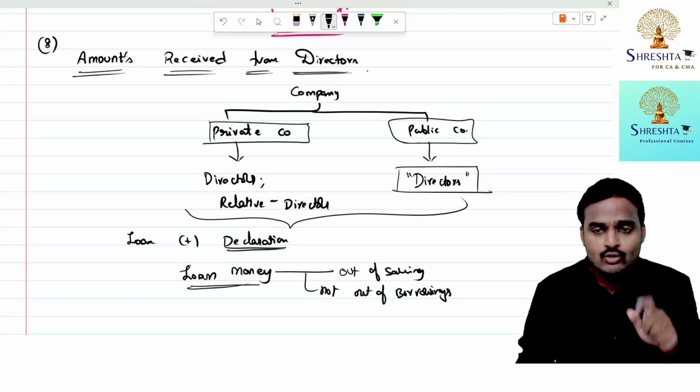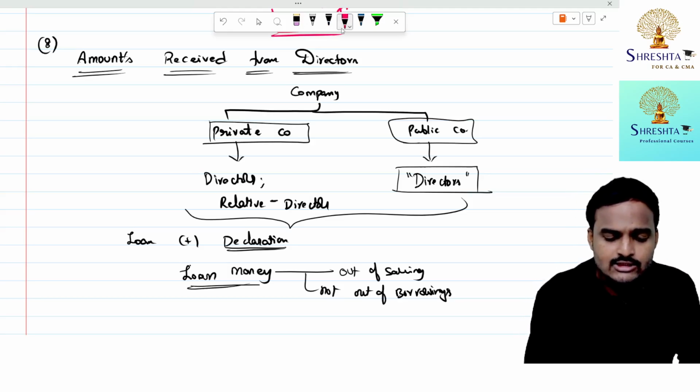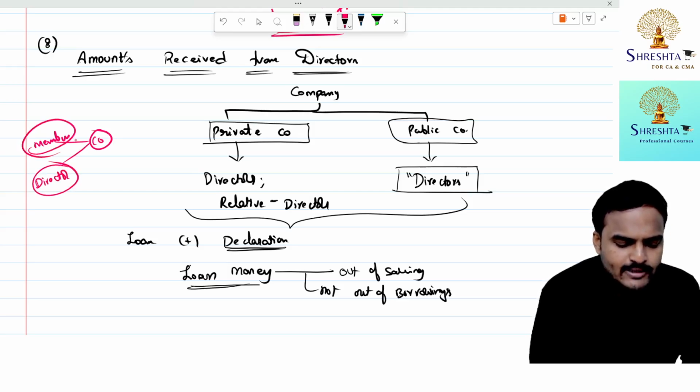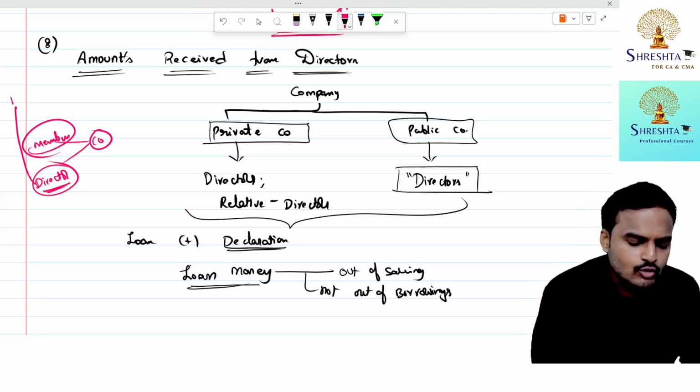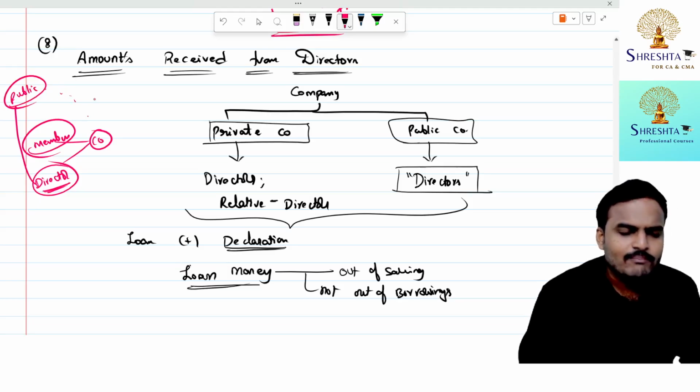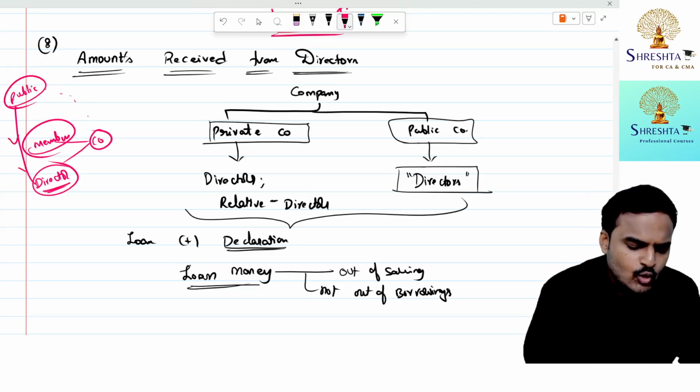Or else what happens if this declaration is not there? Since companies can accept deposits only from members, or from directors, for example, the company has a limited source, right? So what will these directors do? Directors will go to the public and say, you can't invest money directly in the company, so you give us loans.